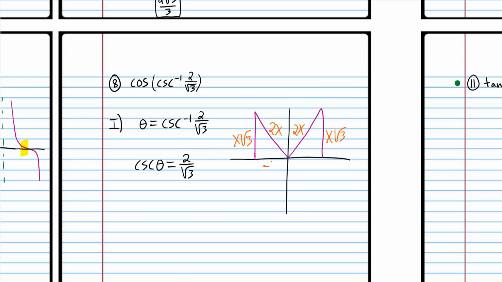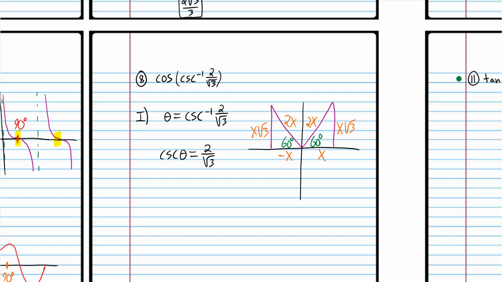And then this side would be negative x, and this side is x. So 60 degrees is always opposite x root 3. And so now we're ready to find our angles. 60 degrees is the first angle, and the next angle is going to be 120 degrees.